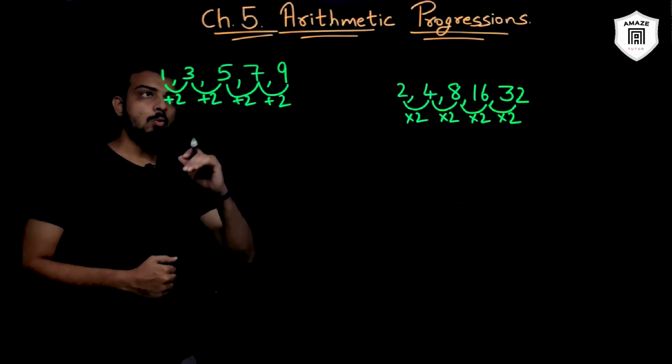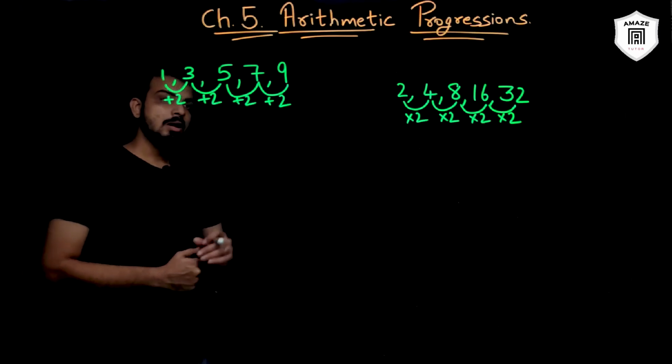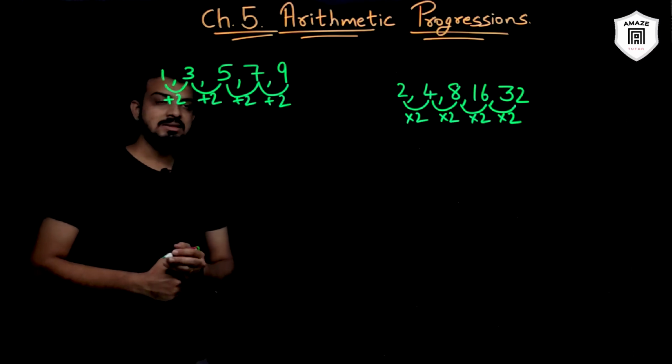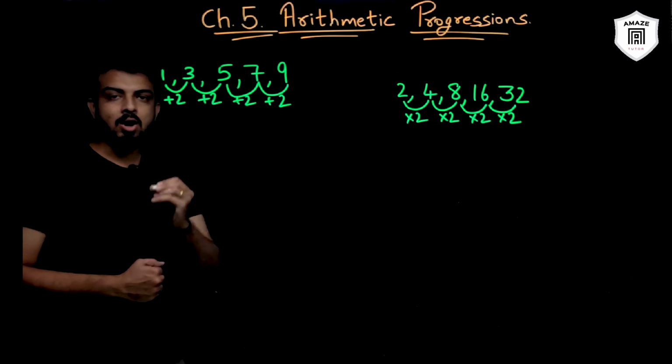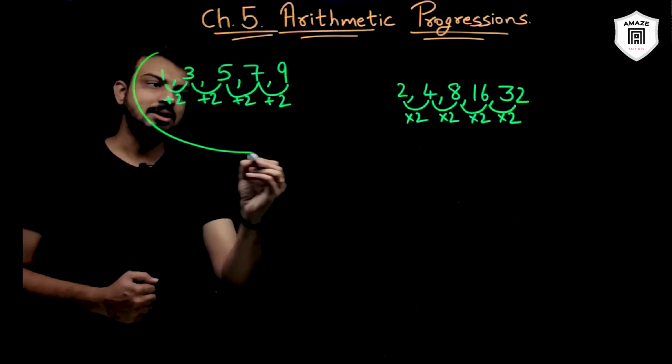Now what do you mean by arithmetic progression here? So look here, of the different patterns which you have observed, if it is just addition or subtraction by a number, then that type of pattern is known as arithmetic progression.